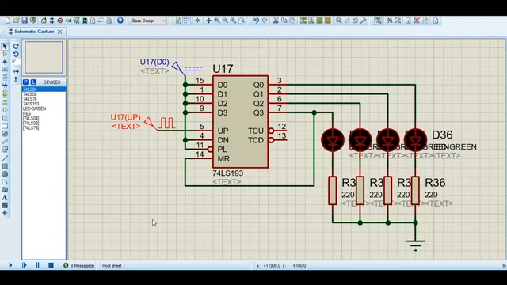So now let's see how the circuit behaves. As you can see, the circuit simply counts from 0 to 7 and then repeats.